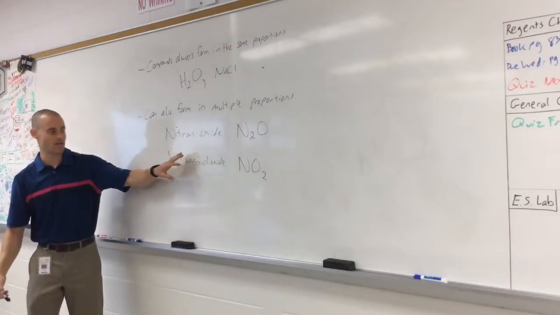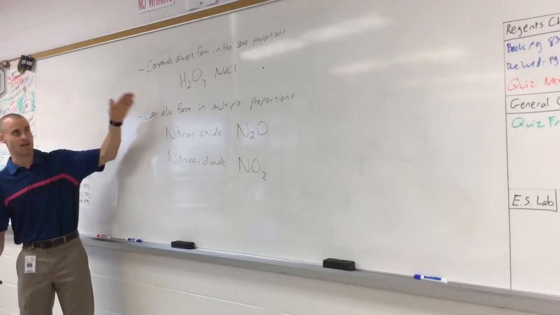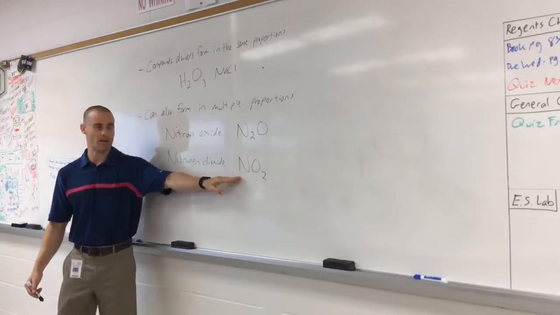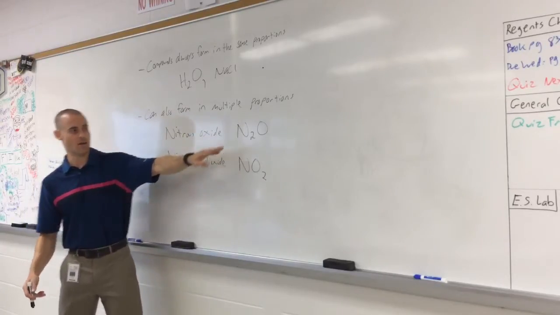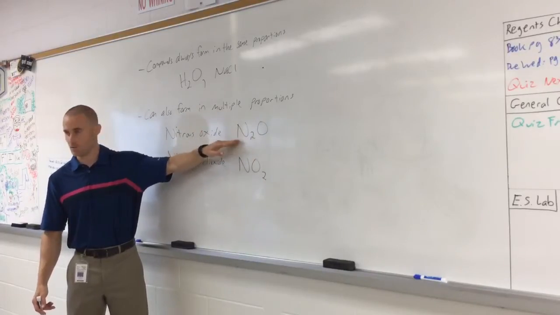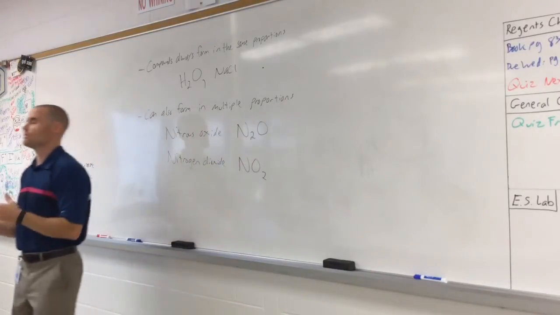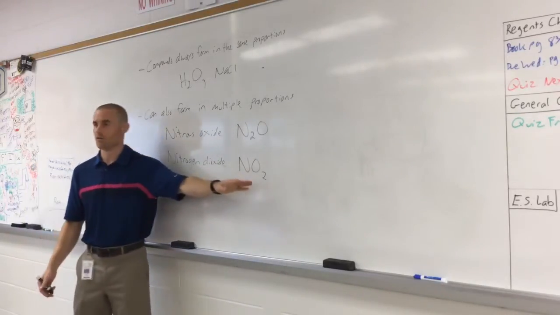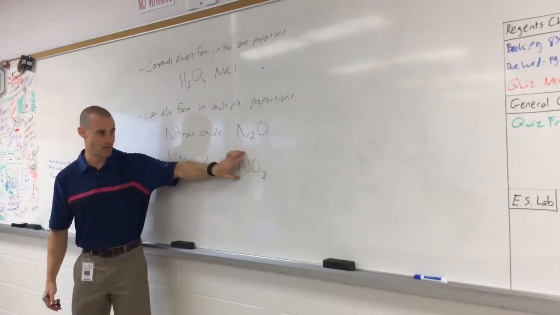So compounds always form in the same proportion, but only for that specific compound. If it makes a new compound, it'll have a different proportion, but that proportion is always formed as well. In other words, nitrous oxide is always N2O. Nitrogen dioxide is always NO2. They're different, but each is always the same.